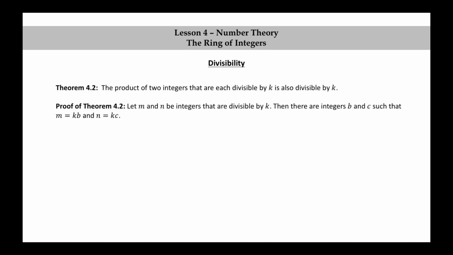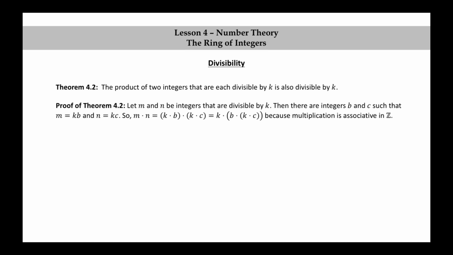Then there are integers b and c such that m is equal to k times b and n is equal to k times c. So m times n is equal to (k times b) times (k times c), which is equal to k times (b times k times c), because multiplication is associative in Z.